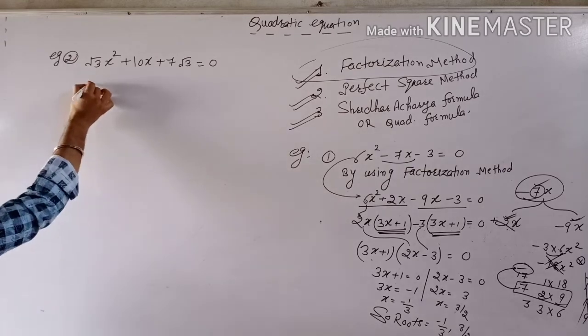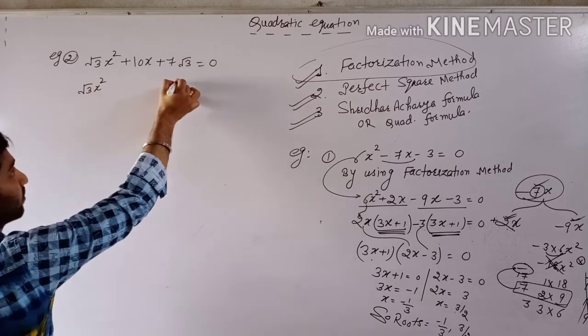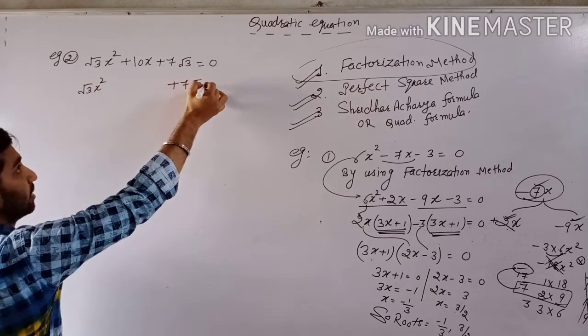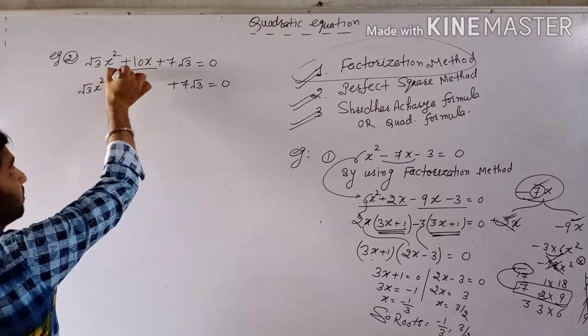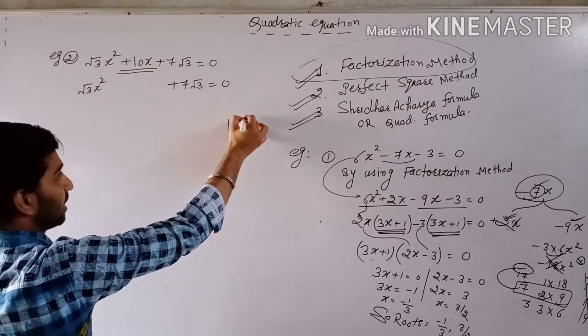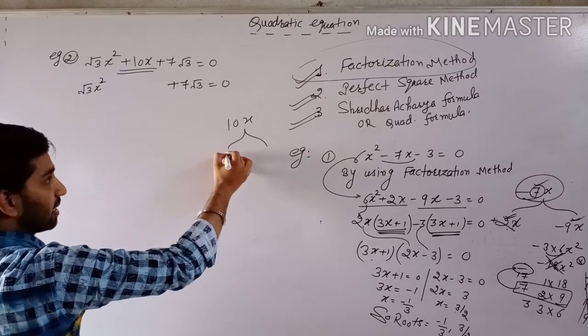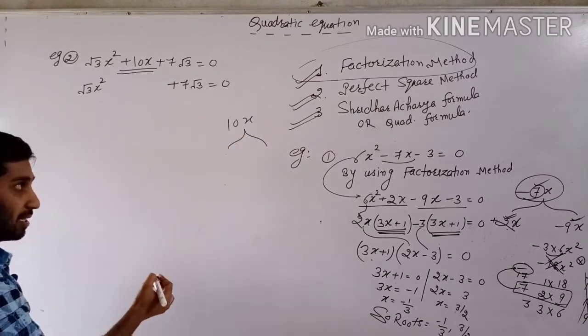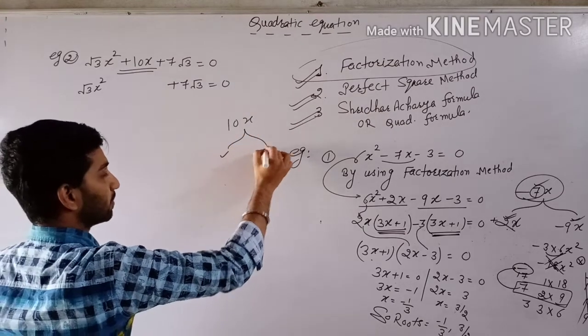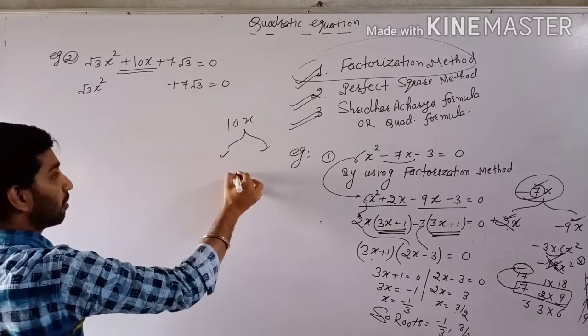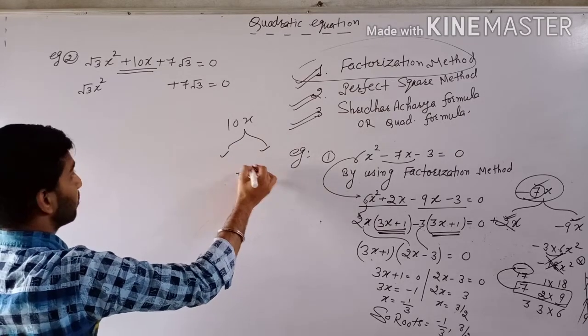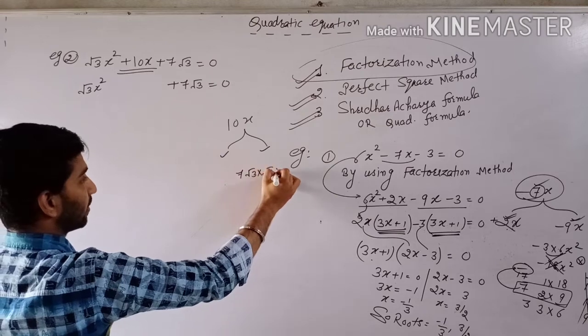So the term of x square will remain the same, the constant term will remain the same. In a similar way, the term of x, which is 10x, is split into two parts such that the sum of these two parts is 10x, and the product of these two parts is the product of the constant term and the x square term.